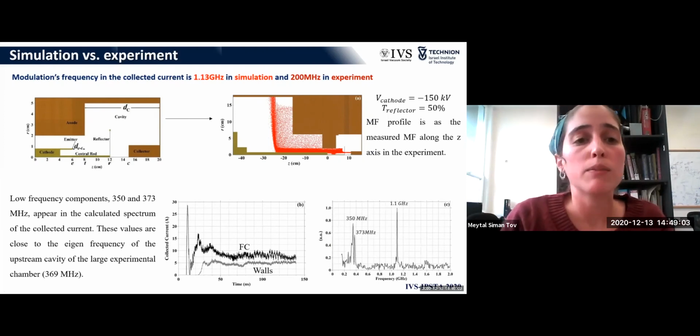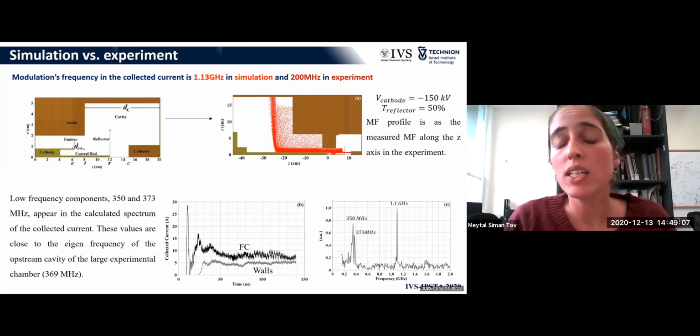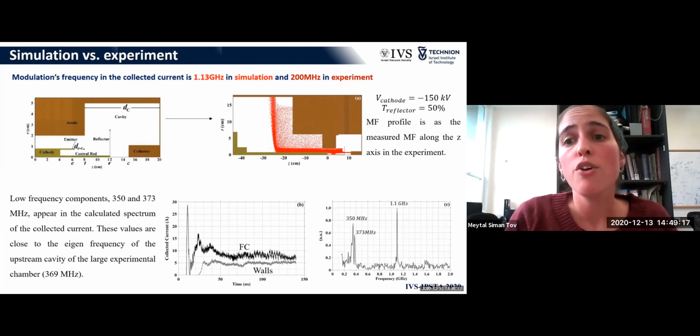So we started to think why we have a discrepancy between the two, and we thought that maybe we didn't model all the experimental conditions that we had in our experimental setup. So we repeated the simulation and added part of those experimental conditions. First, we had a large cavity that connects the generator and the system.